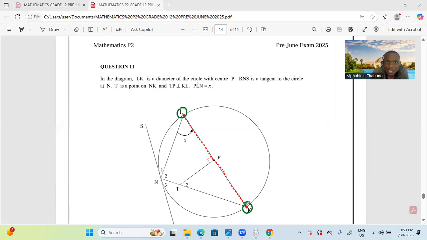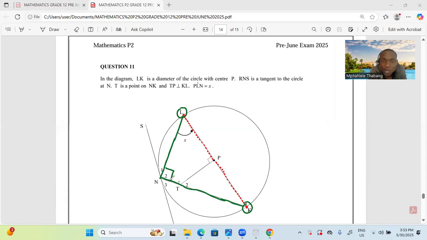Which angle is subtended by the diameter? I'm going to draw a line from L, draw a line from K, meeting at N2, which means that the angle N2 is 90 degrees.